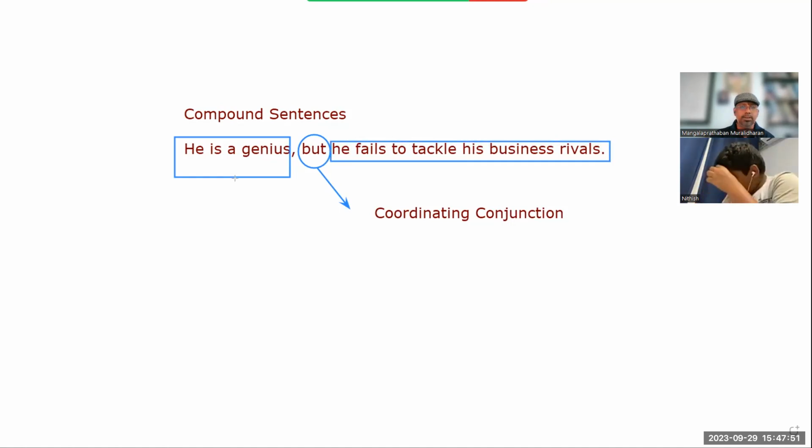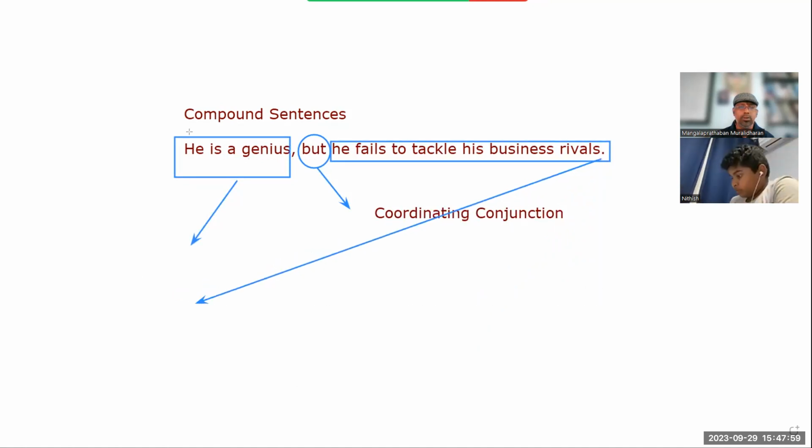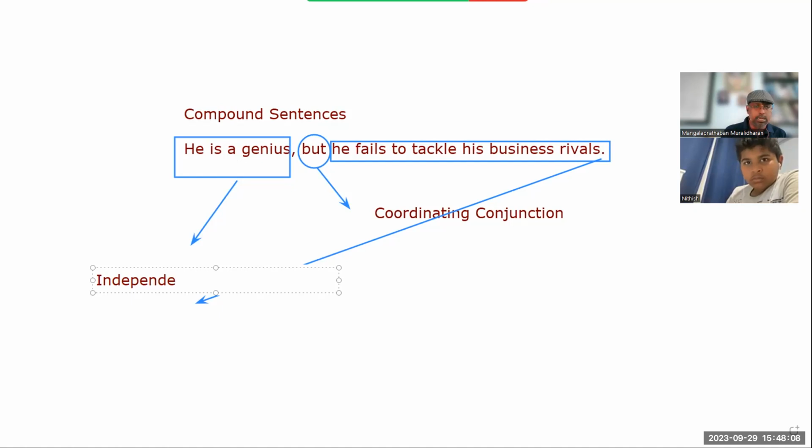I would say he is a genius, this one, and then this one again. Two. What are they? It's called independent clause.